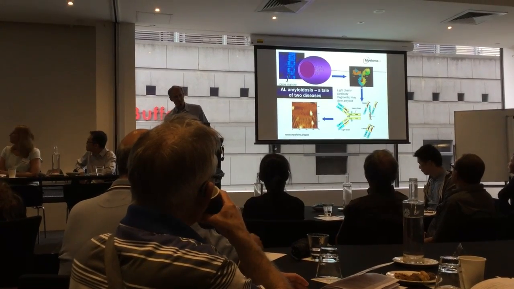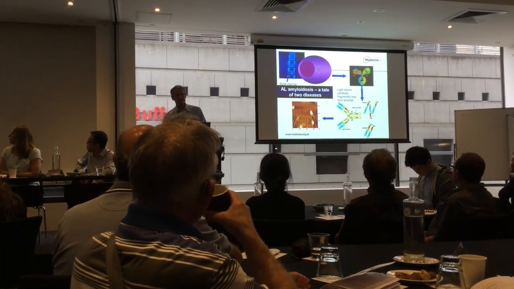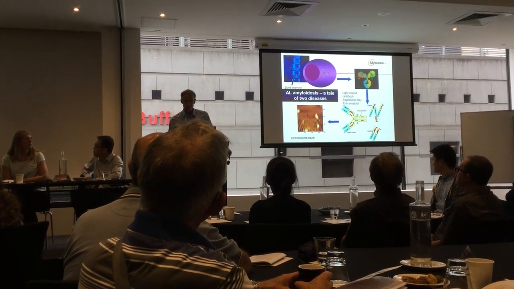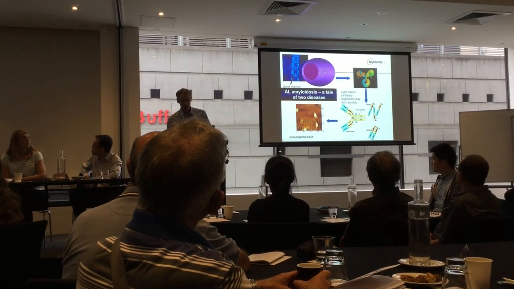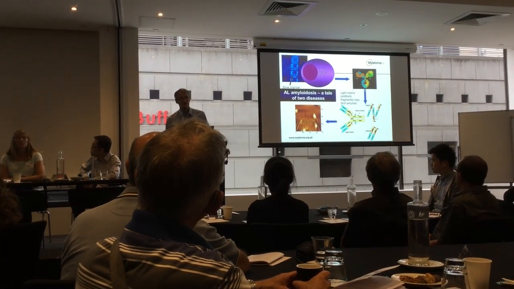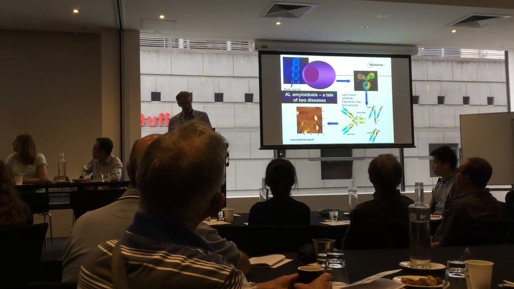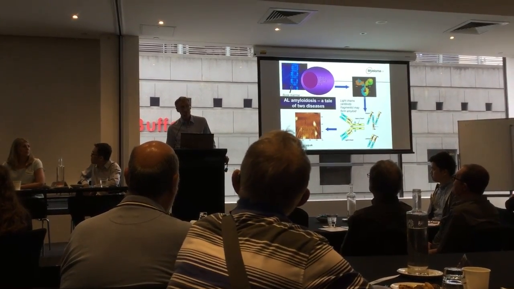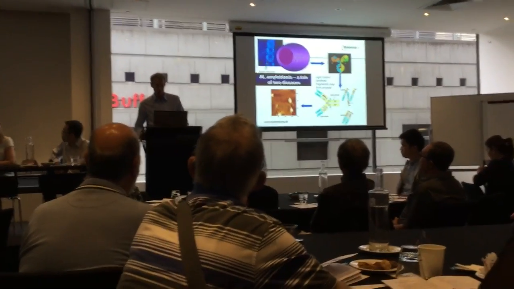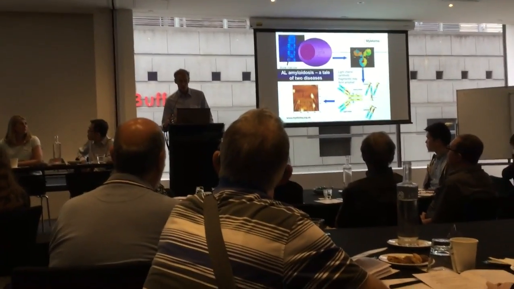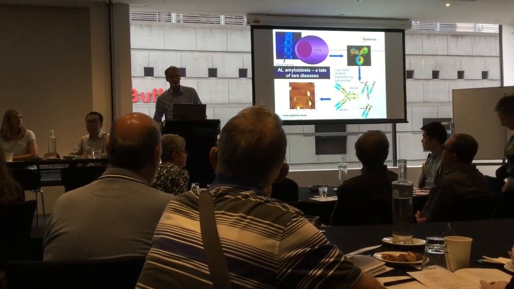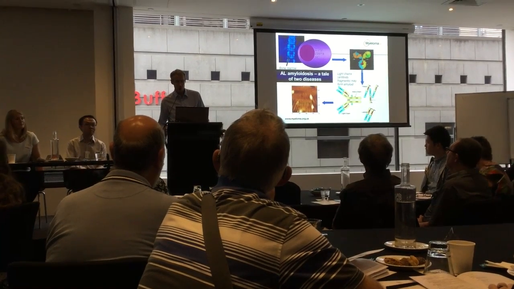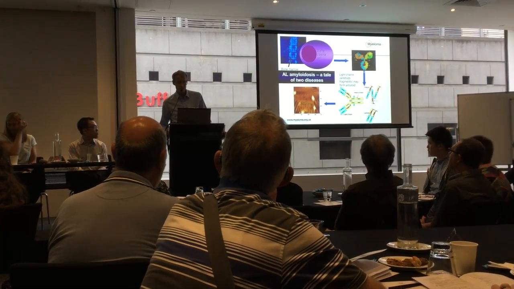So AL amyloidosis is really two diseases. It's the underlying bone marrow disorder, so-called plasma cell dyscrasia or monoclonal gammopathy. It's really a low-grade form of myeloma, and 80–90% of patients with AL amyloidosis have a very subtle underlying bone marrow disorder, which, if it weren't producing so-called light chain protein that formed amyloid, would go unnoticed and not require treatment.